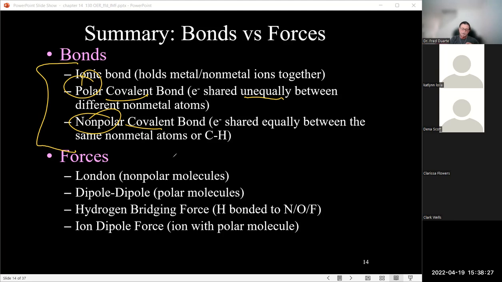Okay. The next question is, well, if they're polar, they're going to be one of two, either dipole-dipole or hydrogen bonding. We can eliminate hydrogen bonding if it's not hydrogen bonded to either nitrogen, oxygen, or fluorine. Okay? And if it's not that example, then it's a dipole-dipole force that we're working with.